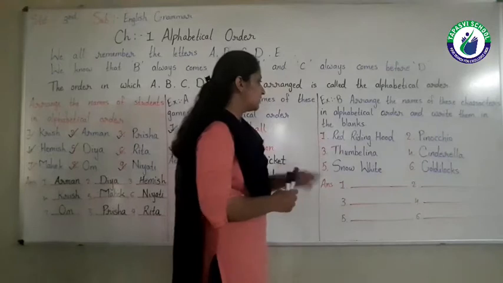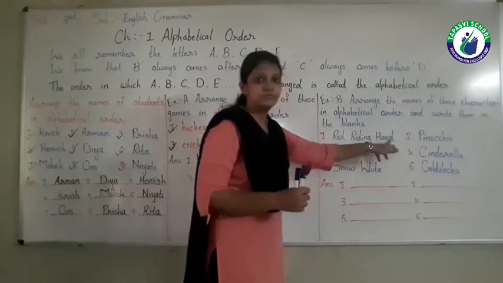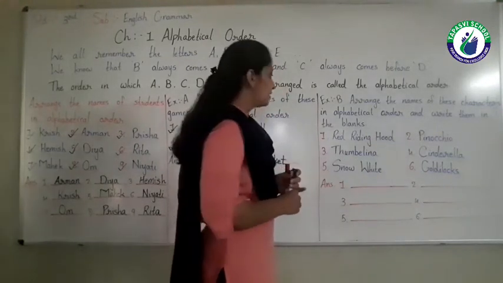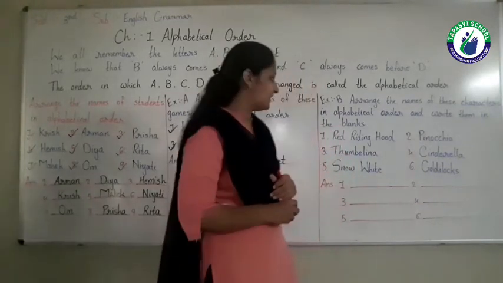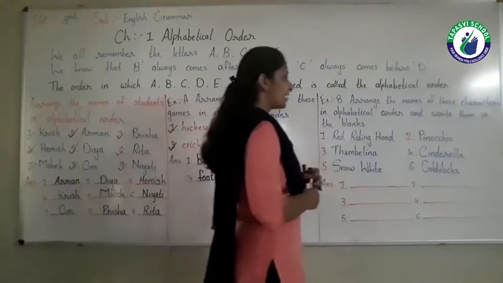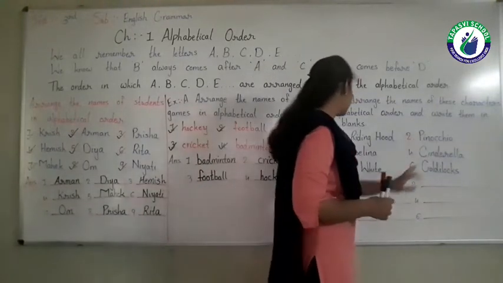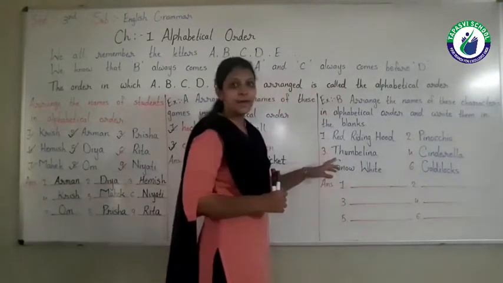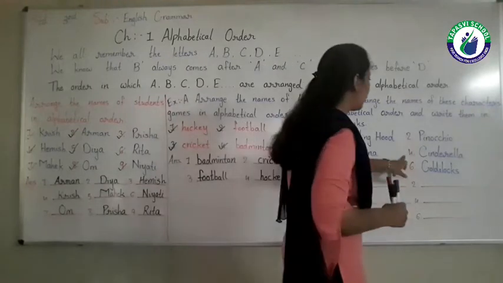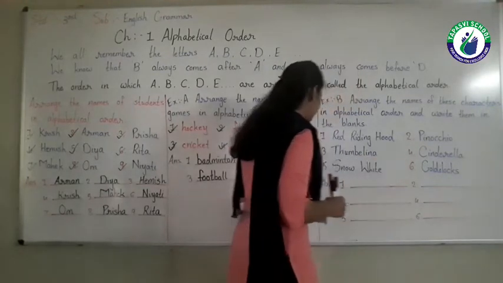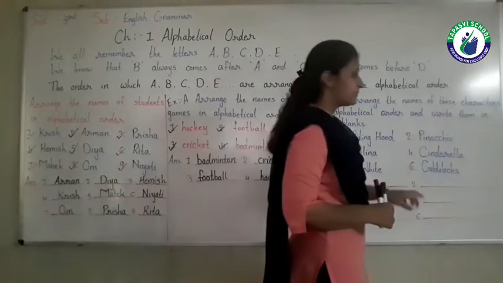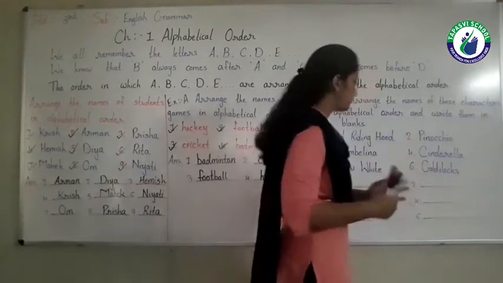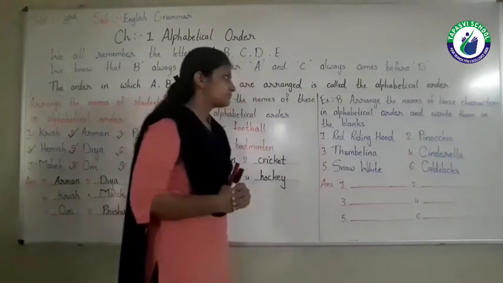First one, Red Riding Hood. You all heard the story of Red Riding Hood. I know very well. Yes. Second one, Pinocchio. Next, third one, Thumbelina. Number 4, Cinderella. Number 5, Snow White. And number 6, Goldilocks. Okay.